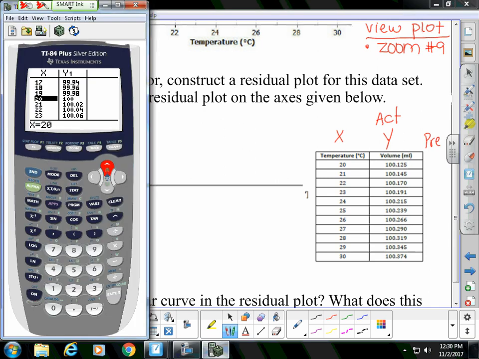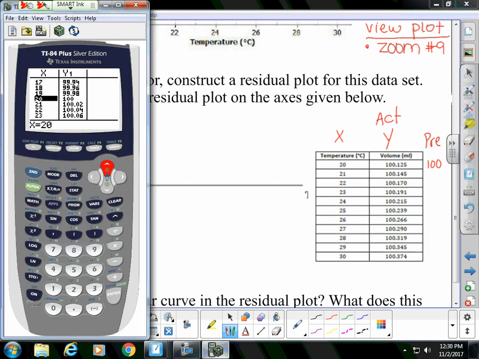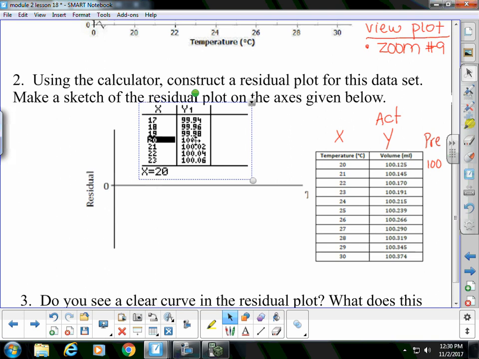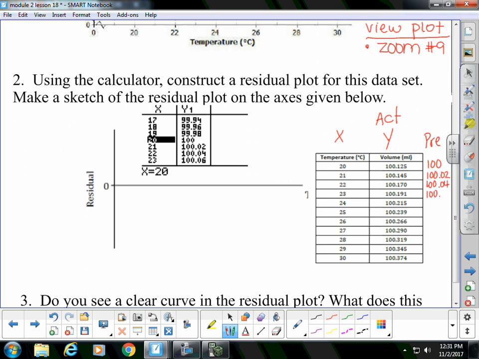So my first predicted value for 20 is 100. Then we've got 100.02, 100.04, 100.06. You can just about guess what the next number is going to be. They're going up by 0.02.